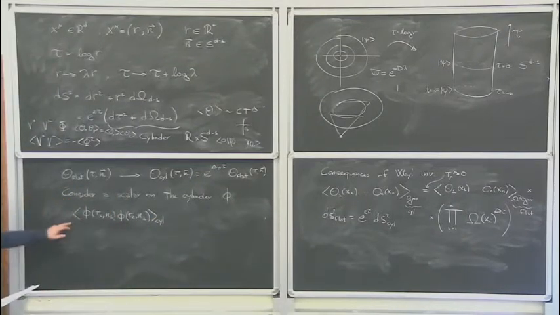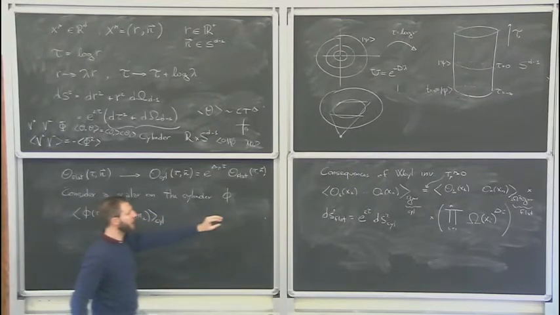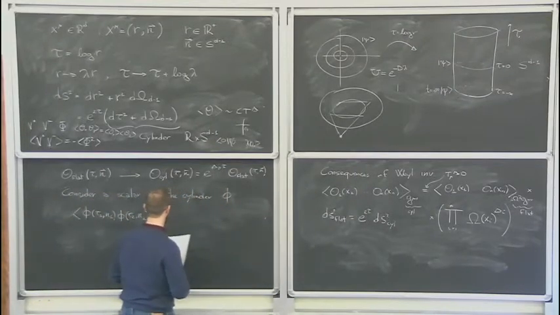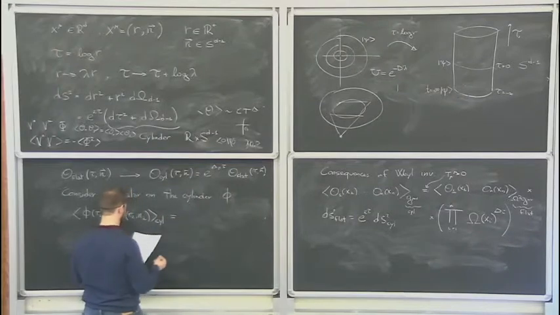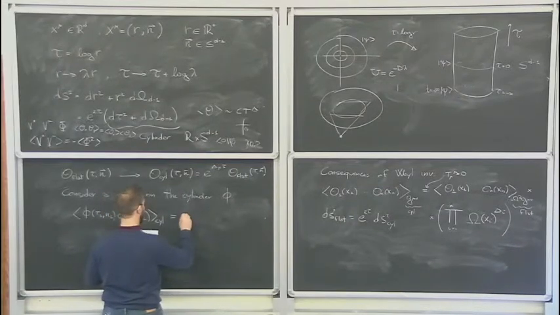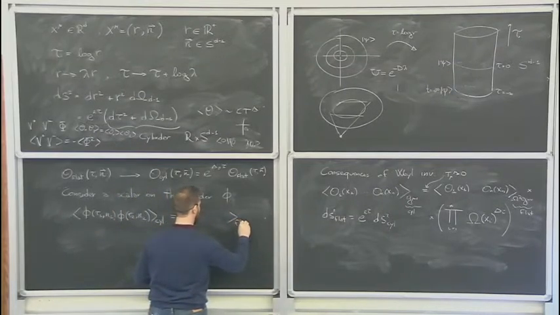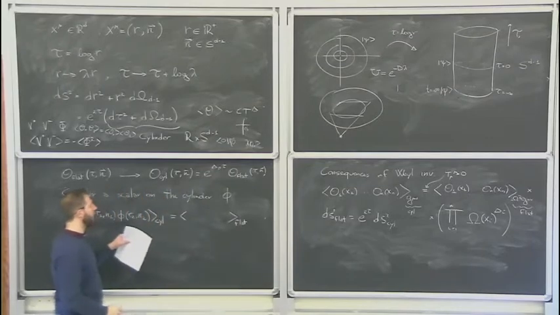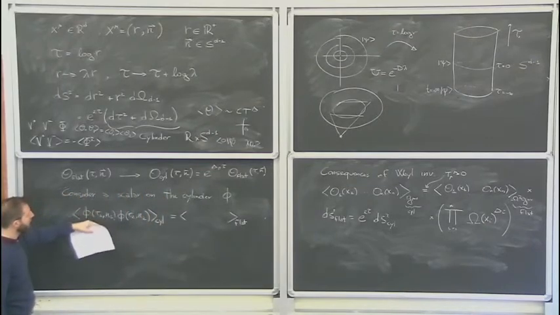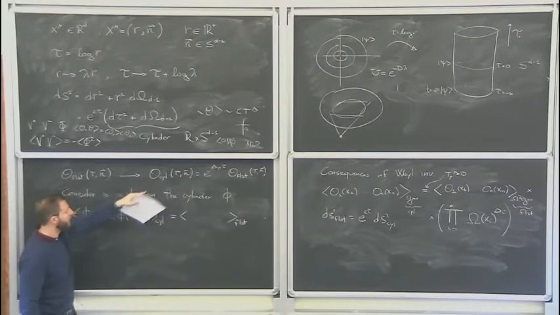Thanks to this relation, this is equivalent to computing the correlation function on the flat space, but of the cylinder operator.